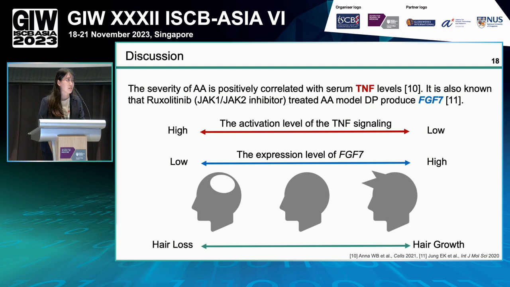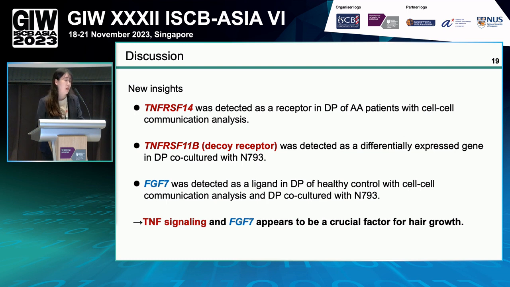Moving on to discussion. The severity of AA is positively correlated with serum TNF level. It is also known that ruxolitinib, JAK1, JAK2 inhibitor, treated AA model DP produce FGF7. In this study, we gained 3 new insights. First, TNFRSF14 was detected as a receptor in DP of AA patients with cell-cell communication analysis.